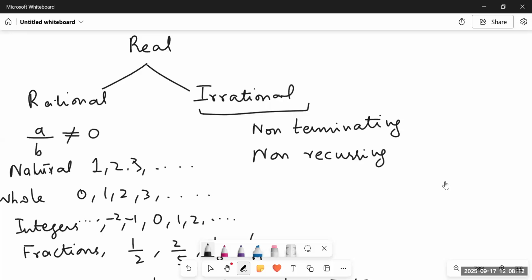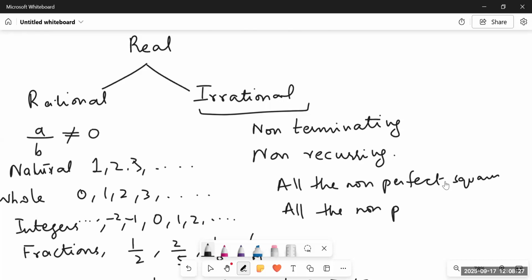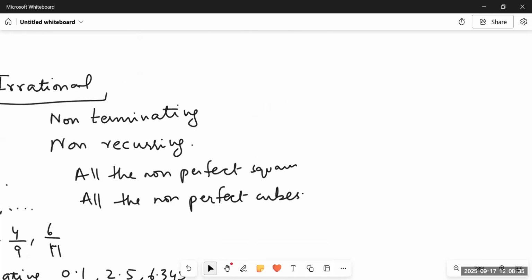So it includes all the non-perfect squares and all the non-perfect cubes. Non-perfect squares and non-perfect cubes are all irrational numbers. Non-terminating, non-recurring examples include the value of pi, because when you put the value of pi in a calculator, you will find that it is irrational. It's not rational. Let me show you the value of pi.